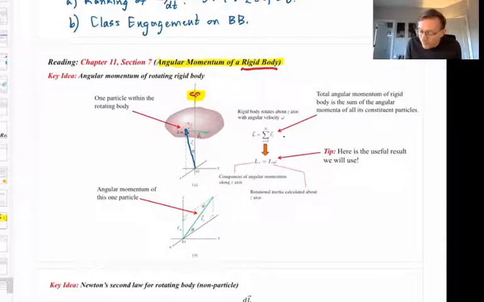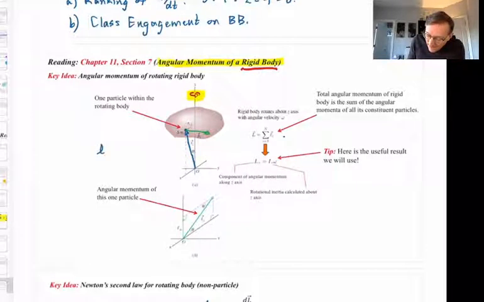And at the time we drew the picture, then, that little particle has some linear momentum, p_i, tangent to its circle. And we want to calculate the angular momentum, little l_i, of just that little piece. So that would be r_i cross p_i for that little piece right there.